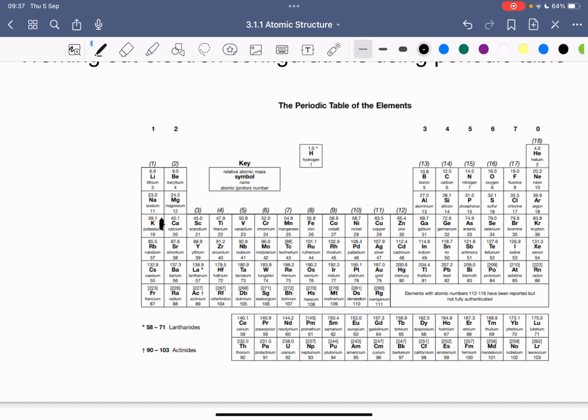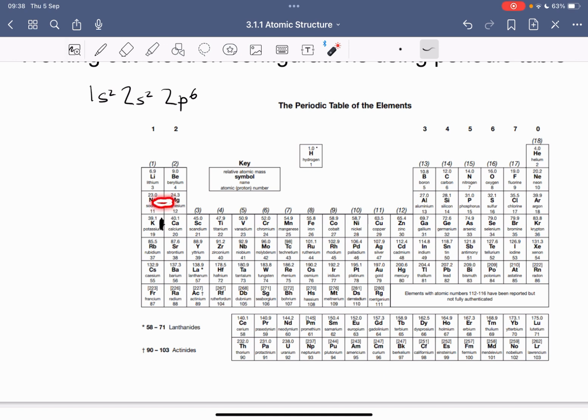So I can think, okay, 1s2, because I've filled up both. Then I filled up both of these, so it's 2s2. I've gone through all of this, so 2p6.